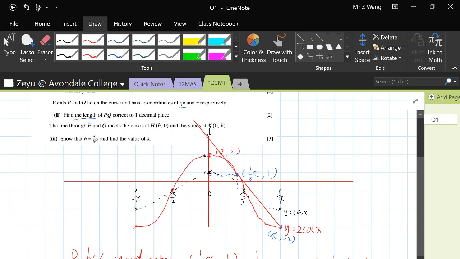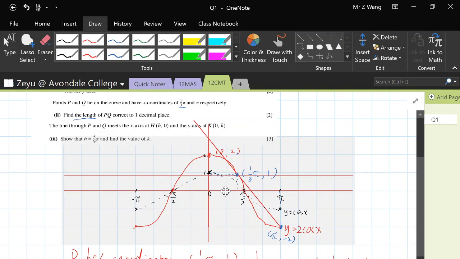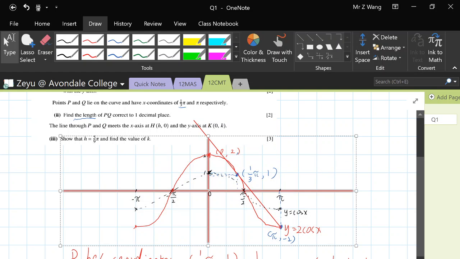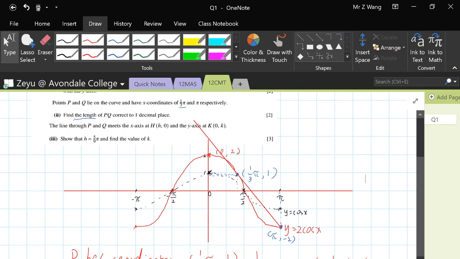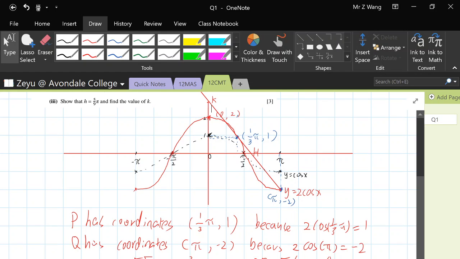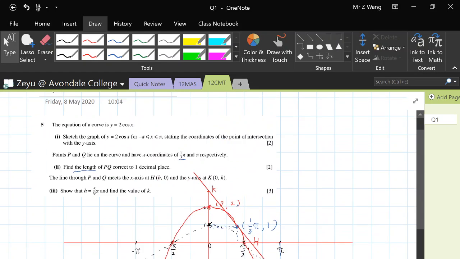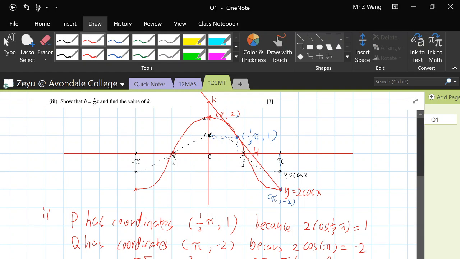We must make this a bit longer. Alright, so that's the line PQ. It meets the x-axis at H, so this point is H, and this point is K.